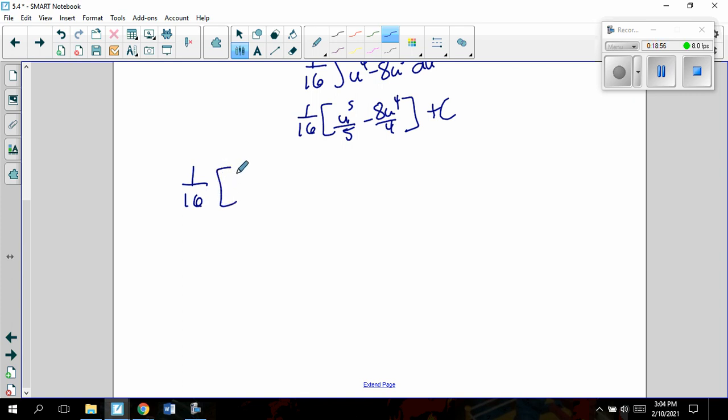I would have that 4x plus 8 to the 5th over 5, minus 8 times 4x plus 8 to the 4th all over 4. And then that stuff plus c. And again, that's totally fine. If you want to distribute the 16th in, you can make this 2. 8 over 4 is 2. But again, those are kind of minor details in the grand scheme of this whole thing.